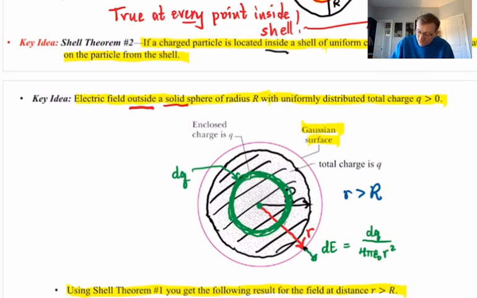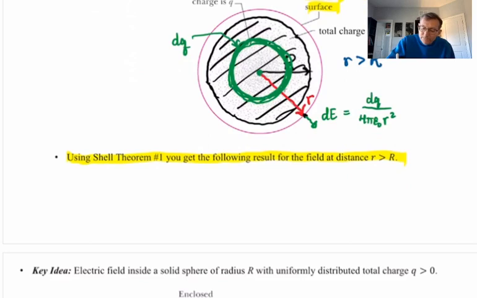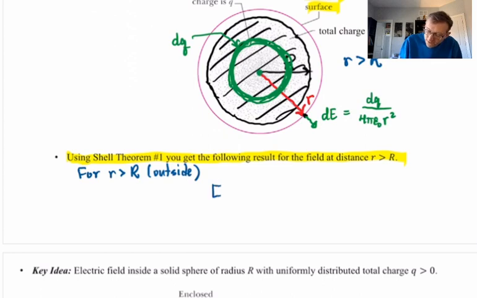Right? So the net result will be that the electric field, so for little r greater than big R, that means we're at an outside point, right? The electric field magnitude is just the total charge of the whole solid sphere over 4 pi epsilon 0 little r squared.